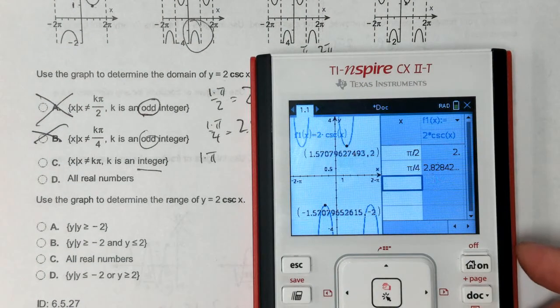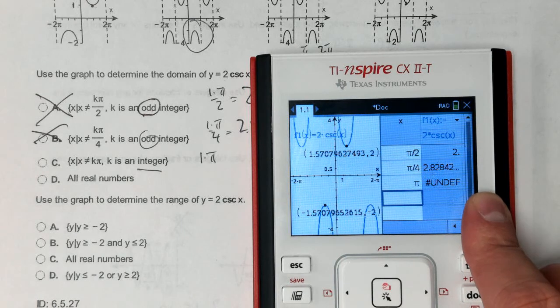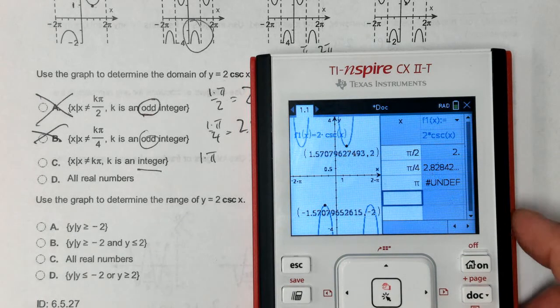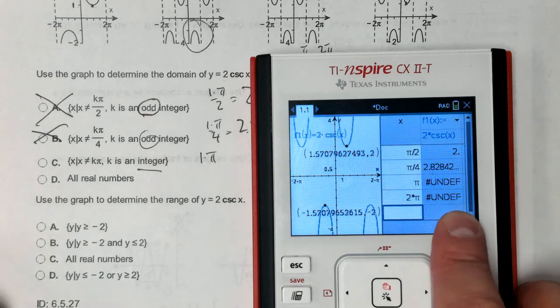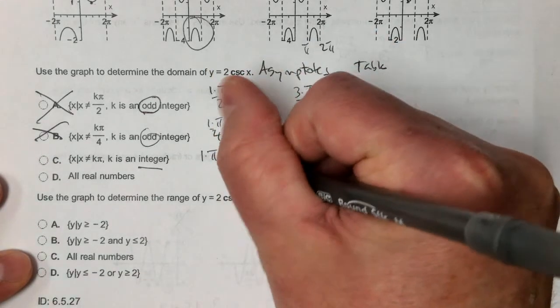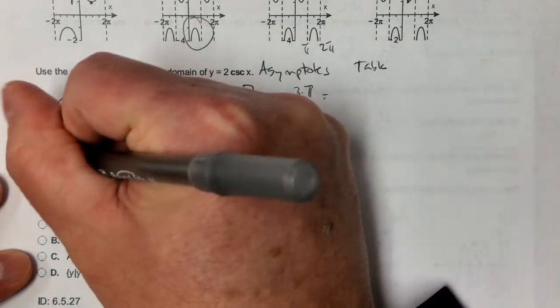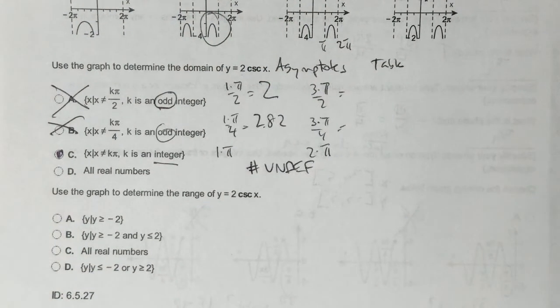Now I'm going to get pi and hashtag undefined, and 2 pi, same thing. Okay, so those are hashtag undefined, and that's what we want.